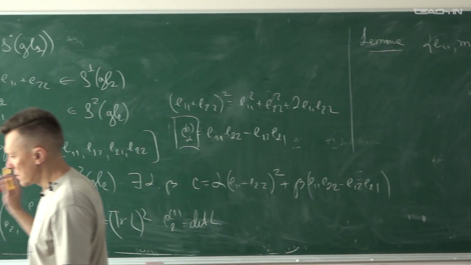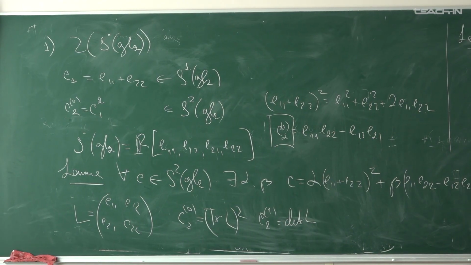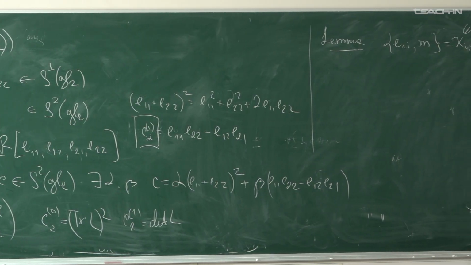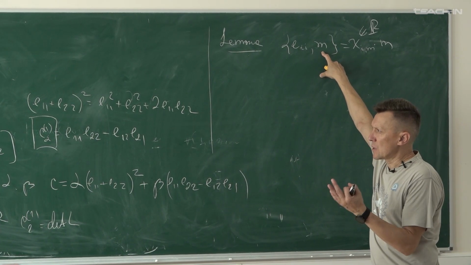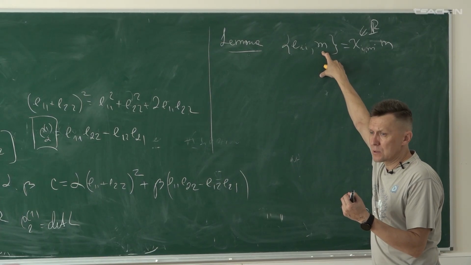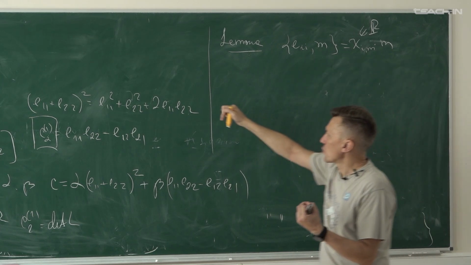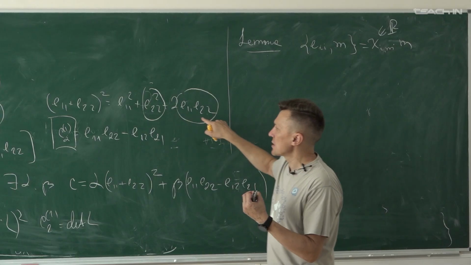Is it clear, the statement of the last lemma? Not very clear, sorry. You see, here is any monomial in our algebra, so it's a monomial function. For example, this monomial or this monomial, but not the sum.